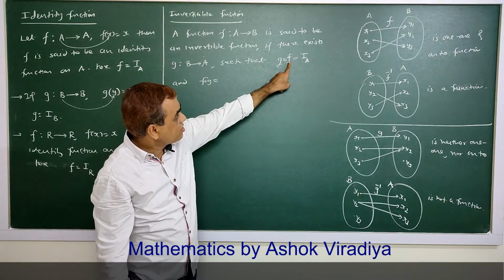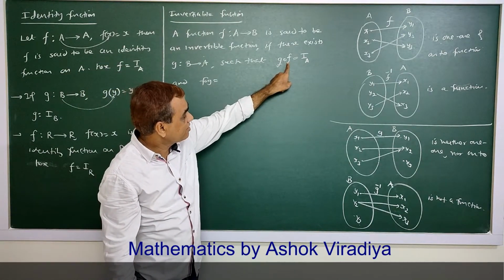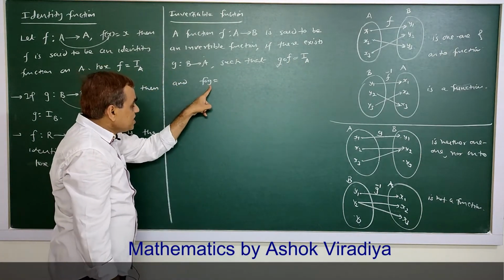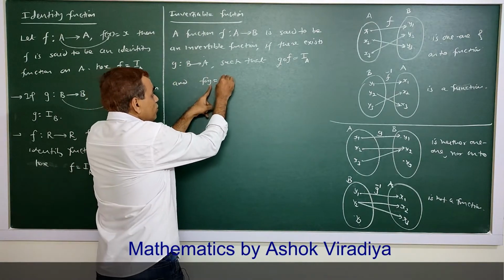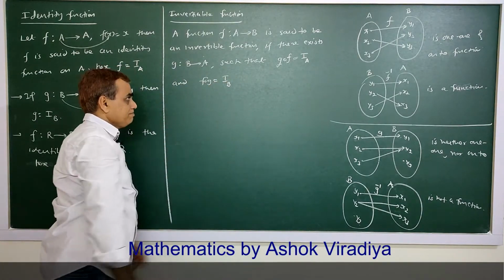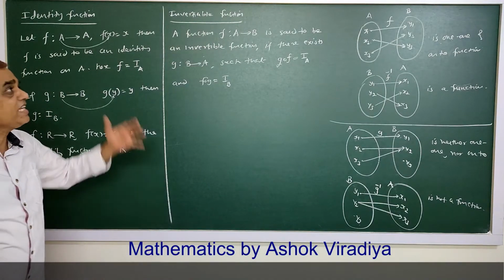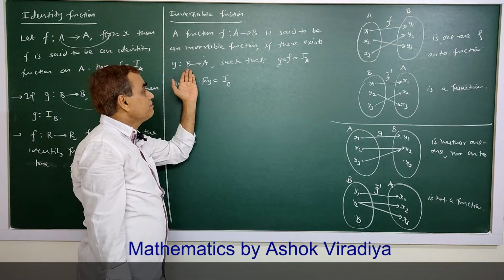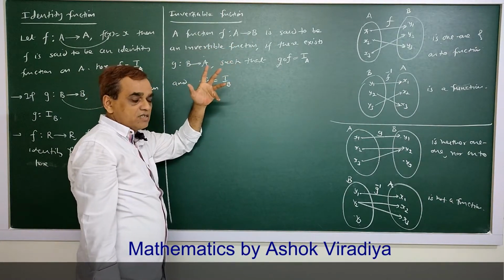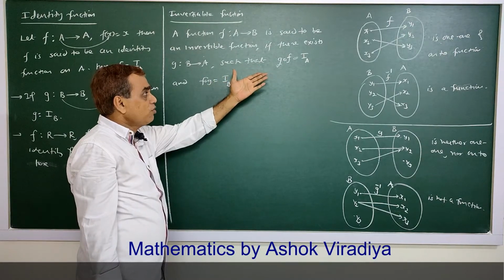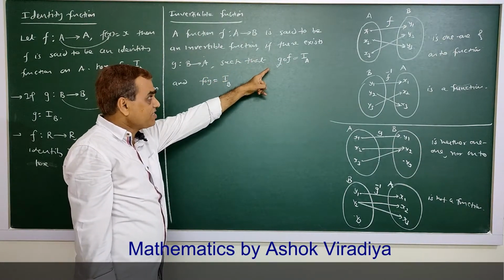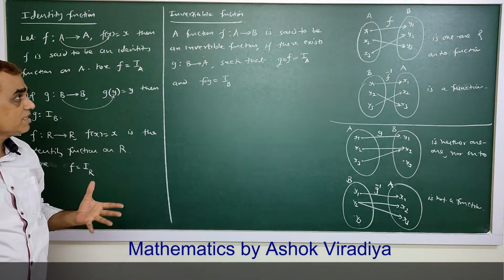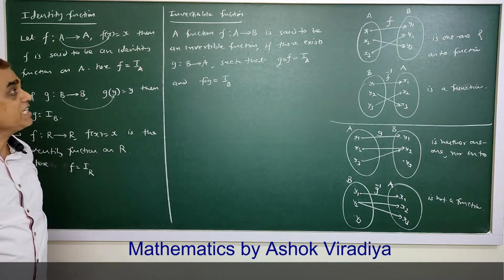Domain of f is A, so put here A. Domain of g is B, so this is the identity function on B. For any given function f, if we can find a new function from B to A such that both compositions, g o f is the identity function on A and f o g is the identity function on B, then this f is said to be an invertible function.